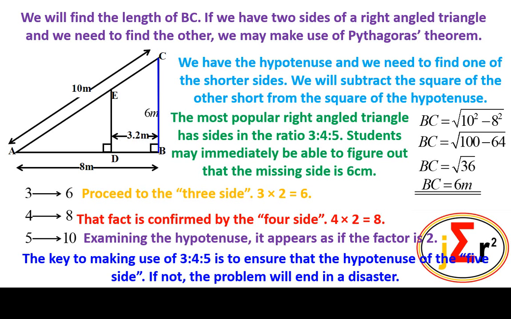Therefore, if we are using the 3, 4, 5 ratio to be analogous to the sides of the right-angled triangle, then the longest side of the right-angled triangle must match with the largest number in the ratio. If that is not the case, the result may be disastrous.